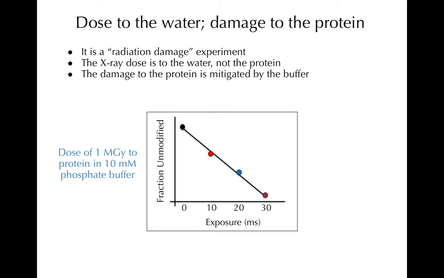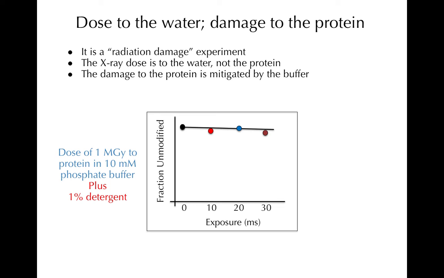Now, one thing that's kind of important to note about this experiment is that it is a radiation damage experiment, but the dose is actually to the water, not to the protein itself. So we don't see direct X-ray damage to the protein. What we see is hydroxyl radical damage to the protein. So what this means is that we can have a certain X-ray dose to our solution, and we can see some kind of rate of modification of a residue.